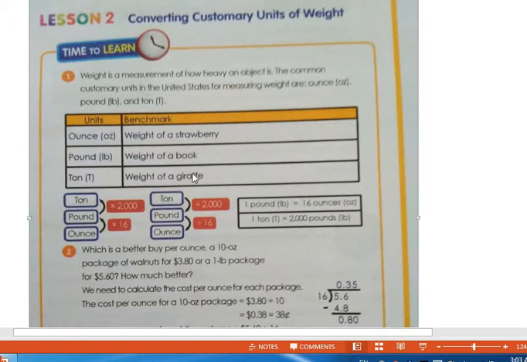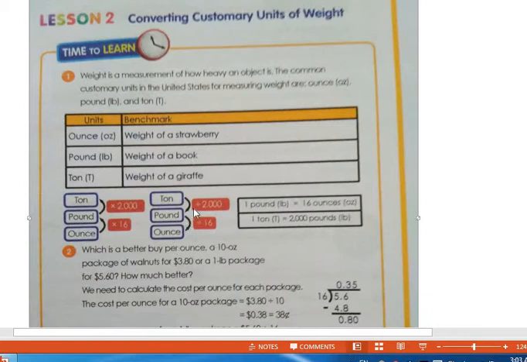These are examples of the weights. The ounce is denoted by oz, the pound by lb, and the ton by T. So I have here the conversion of the units.